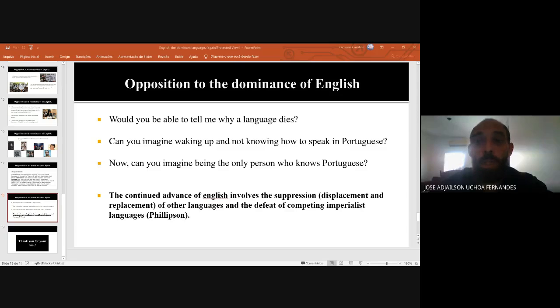So students are silenced. Students are represented in a receptive and only receptive role, as just receivers, not speakers. This is the problem with the English-only methodologies, with those methodologies that demonize the mother tongue.